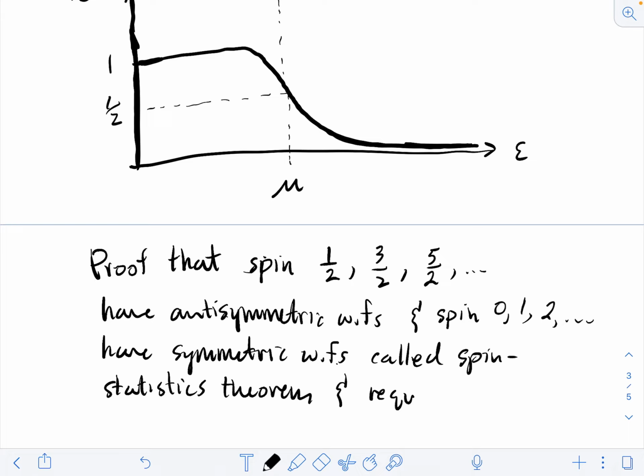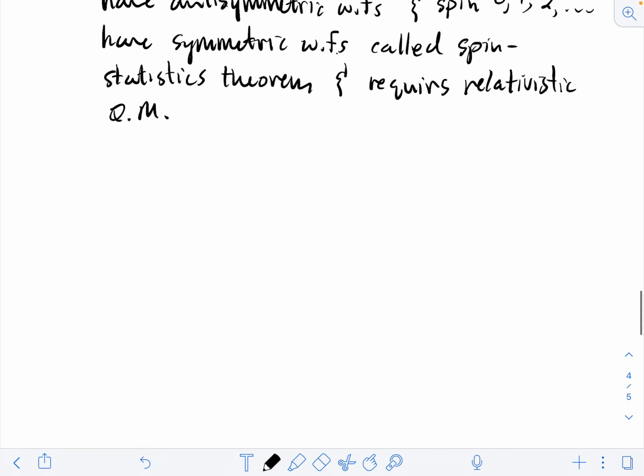And I believe that requires relativistic quantum mechanics. Okay, and so we're not going to do that. All right, so that's two ticks on our roadmap, the Pauli exclusion principle, and just writing down what these distribution functions look like.